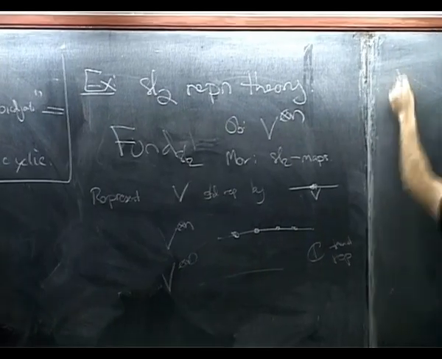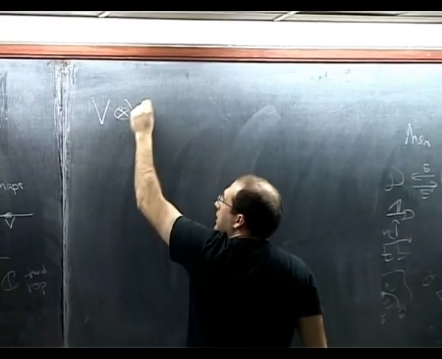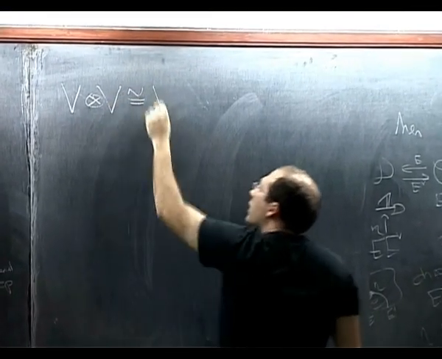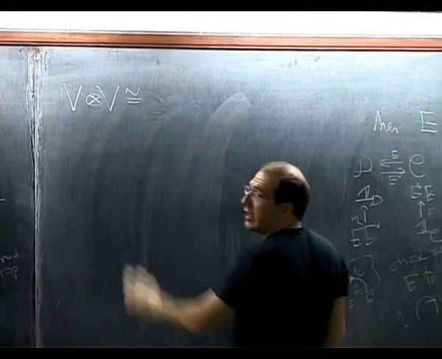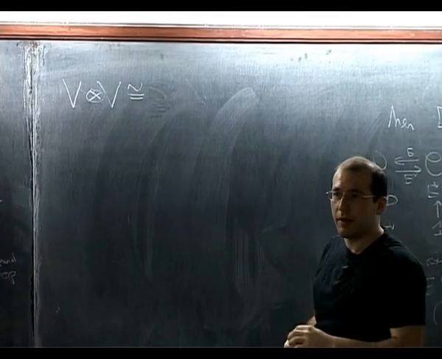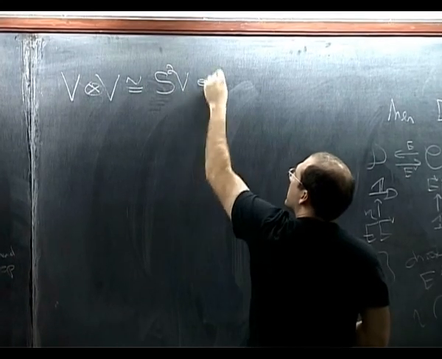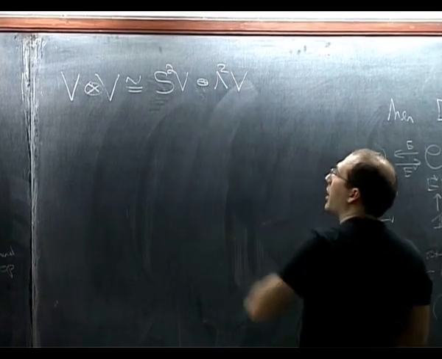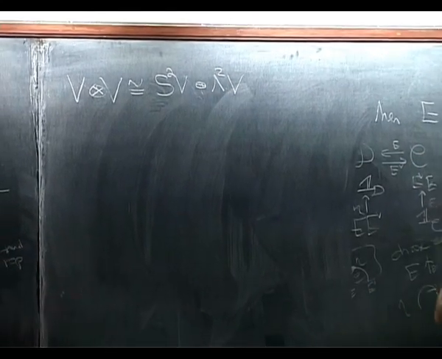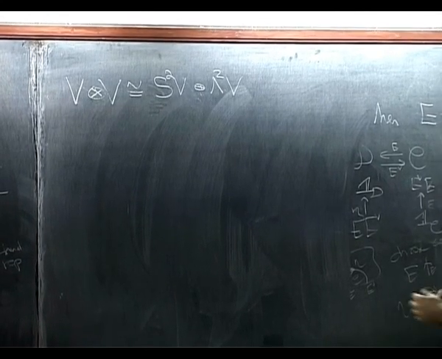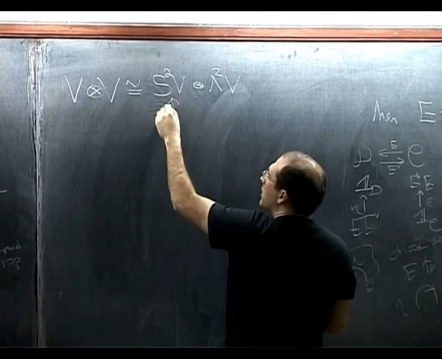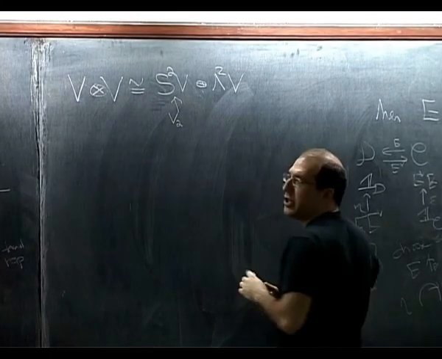Okay, so if you remember your representation theory of SL2, you remember that V tensor V is not irreducible anymore. It splits as S2 of V plus lambda 2 of V. So the symmetric part and its exterior part. Now this thing right here is a new irreducible. This is the thing that's usually written as V2.